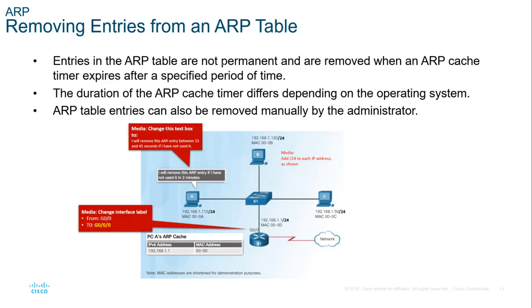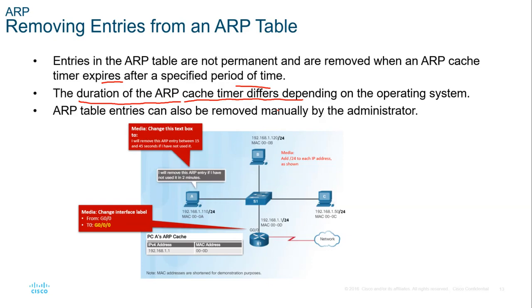So entries in the ARP table are not permanent and are removed when the ARP cache timer expires. Once it expires after a specified period, it is removed. The duration of the ARP cache timer differs depending on the operating system and the capability of the device.